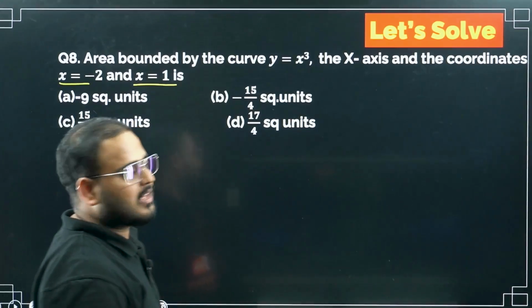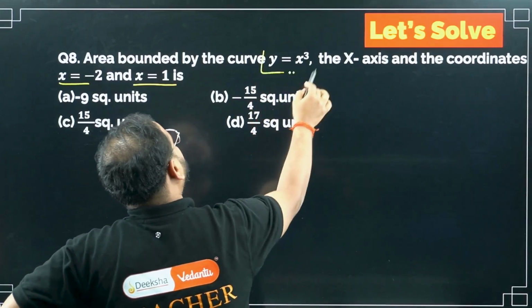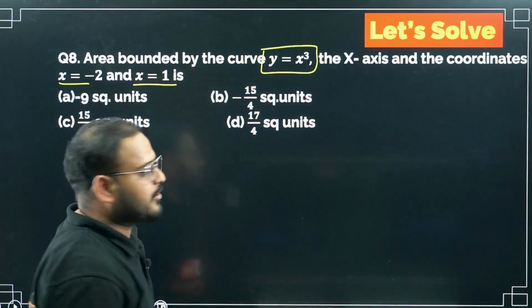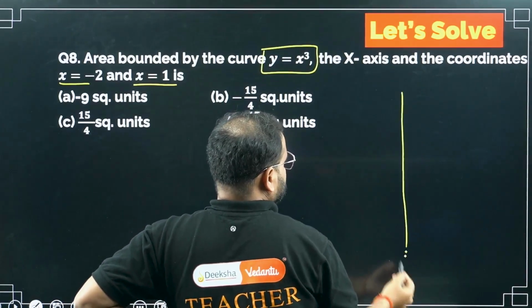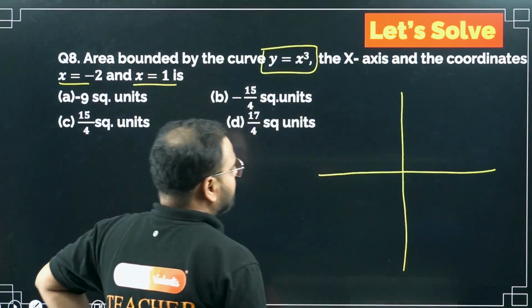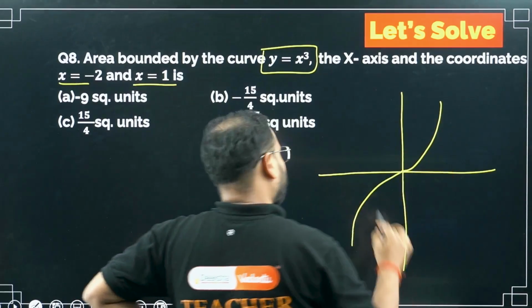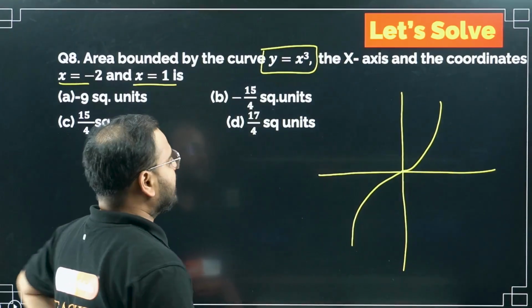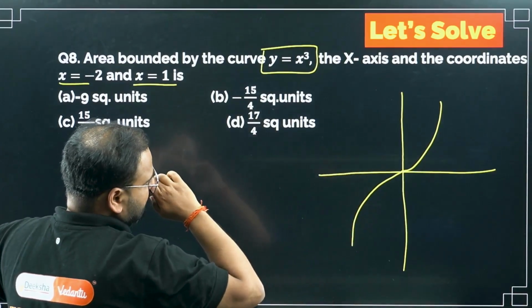Again a mistake, a big mistake. The reason why? Because if you remember the graph of the curve y equals x cube, it looks like this. It has both negative and positive parts.